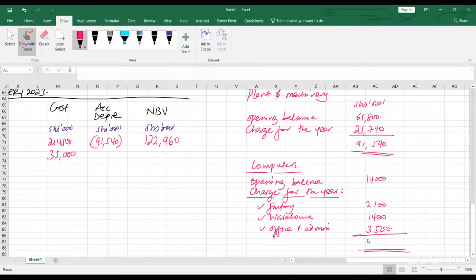So how much is the total depreciation on the computers? Let's get a total: 2,100 plus 1,400 plus 3,500.